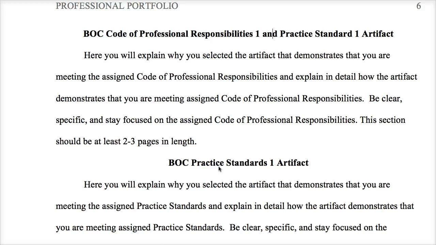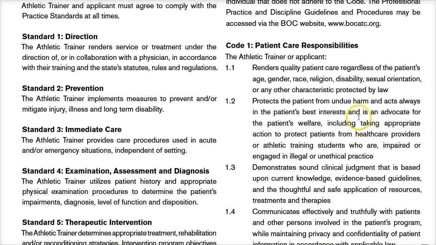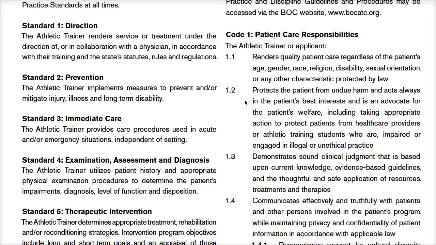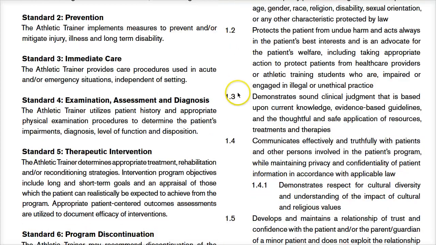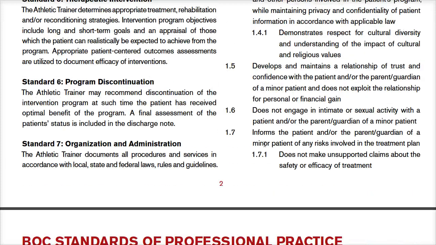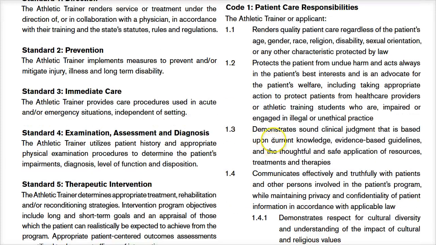It's describing how that artifact satisfies the code or the standard as a whole. Now, one thing I want to make clear is that, as we talked about in the executive summary, for these codes over here, we have all these subpoints. Your artifact does not need to satisfy every single subpoint, because this is going to be true in some of our later assignments. But it should meet the majority of them.